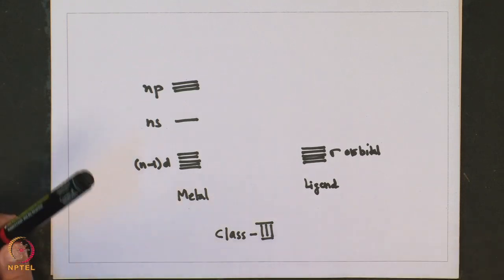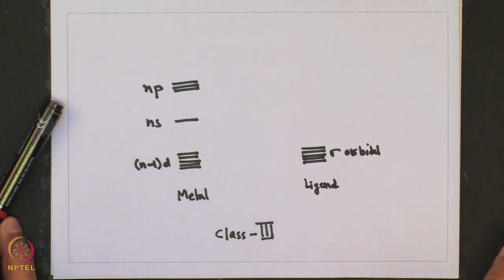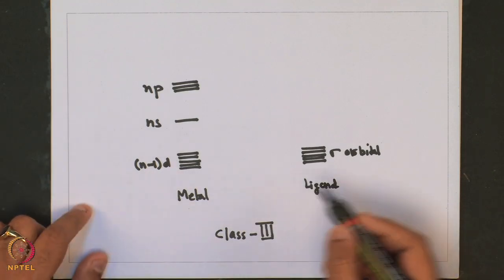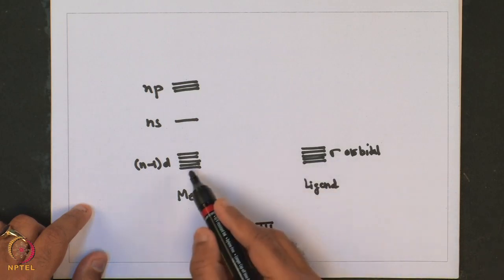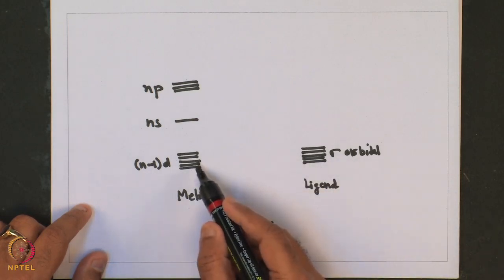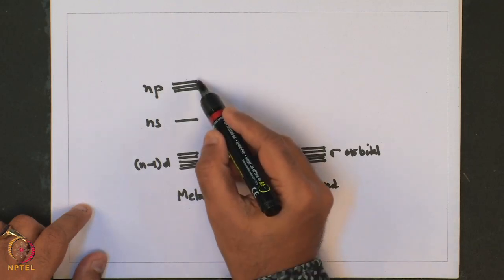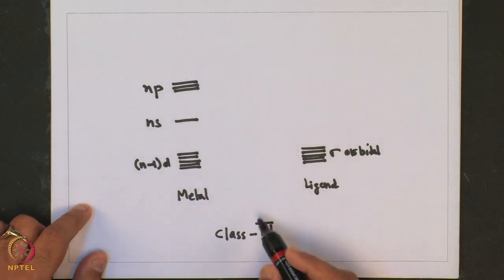As seen earlier, the 6 ligand sigma orbitals would interact with 2 of the d orbitals, 1 of the ns orbital and 3 of the np orbitals, giving 6 bonding orbitals and 6 antibonding orbitals.